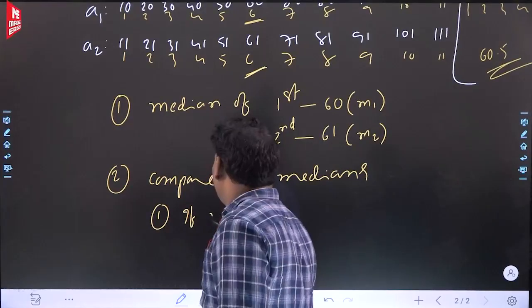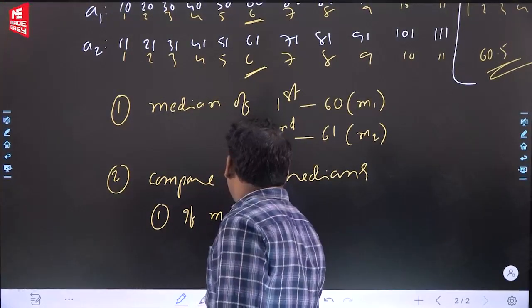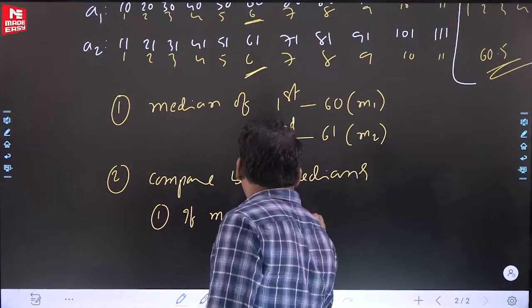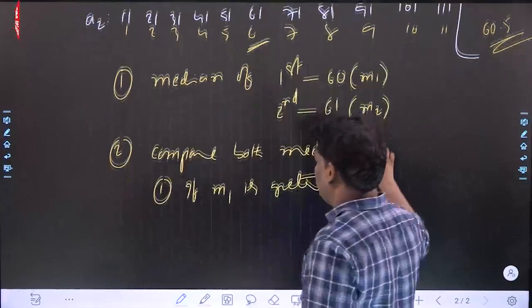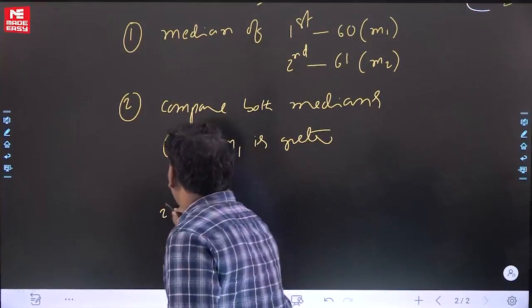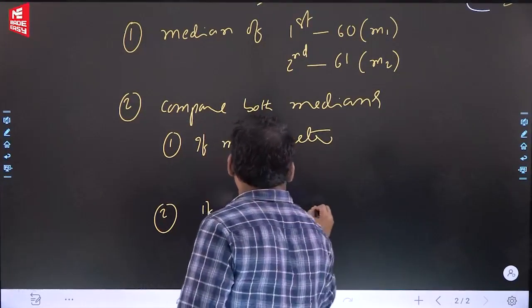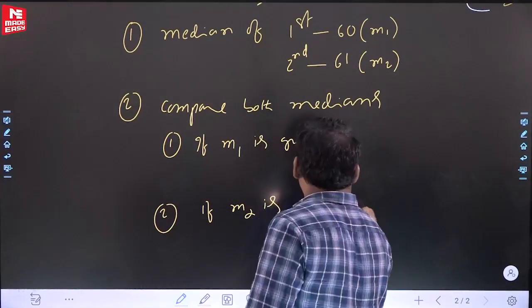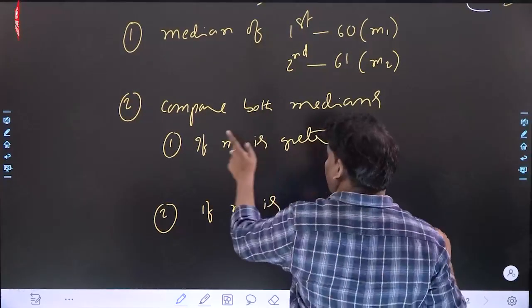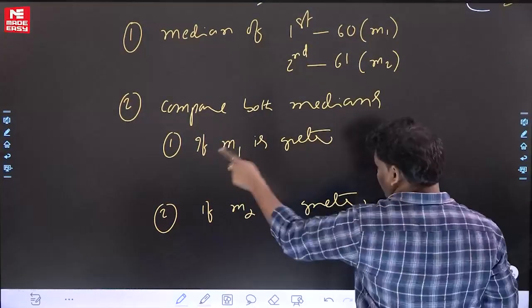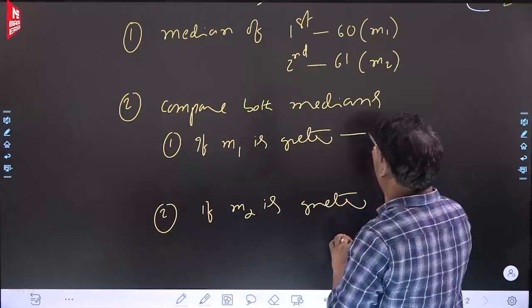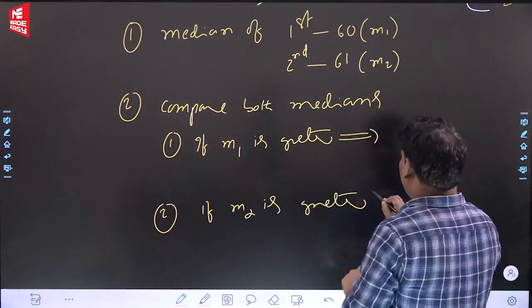If M1 is greater, that is one case. 2. If M2 is greater, that is the other case. Easy, right? If M1 is greater, there is one story. If M2 is greater, there is another.